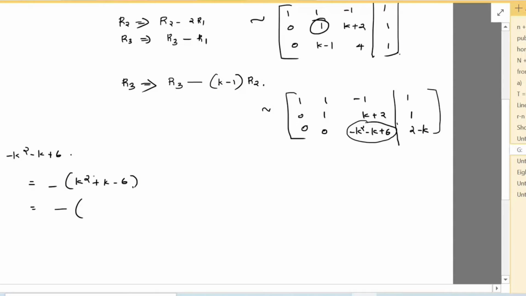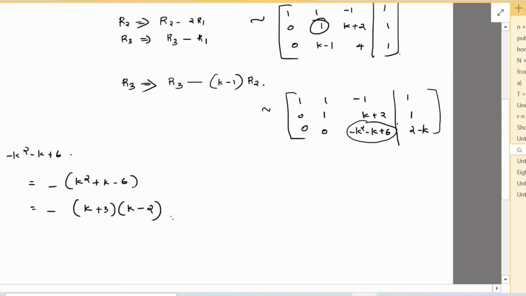We can write it as k square plus 3k minus 2k minus 6, so it will be written as (k plus 3) into (k minus 2).